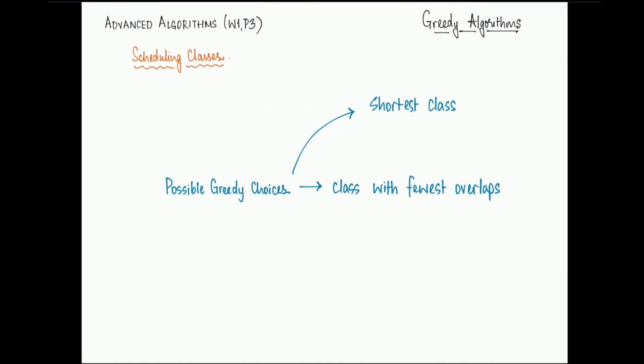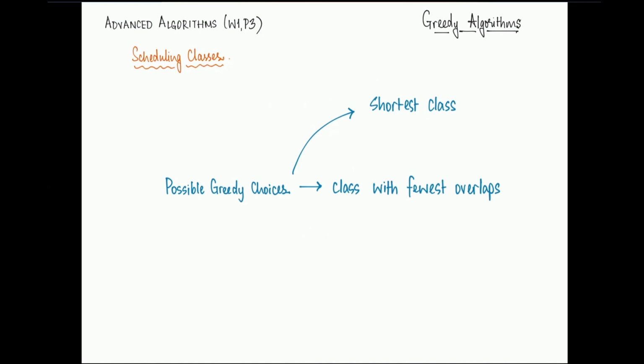And the algorithm is the same. Label every class with its length and pick the class that has the smallest label, again breaking ties arbitrarily. Once you've made a choice, delete all the classes that are conflicting with the one that you've just chosen, and then again repeat this exercise until at least one class is left.